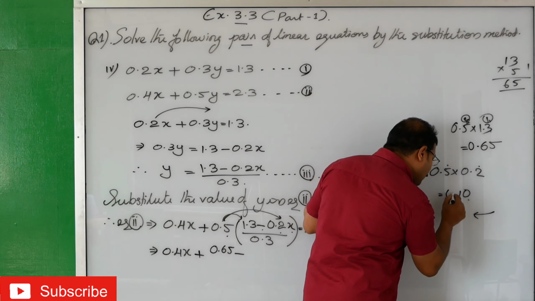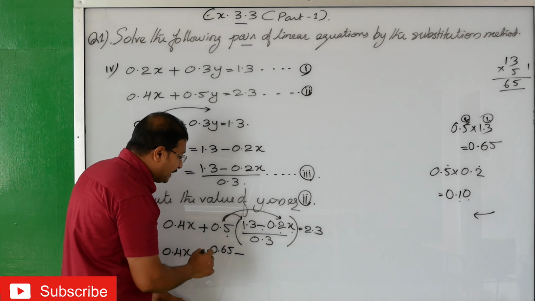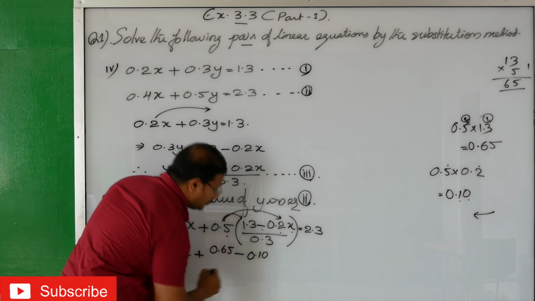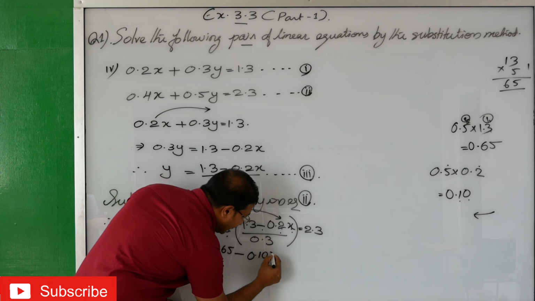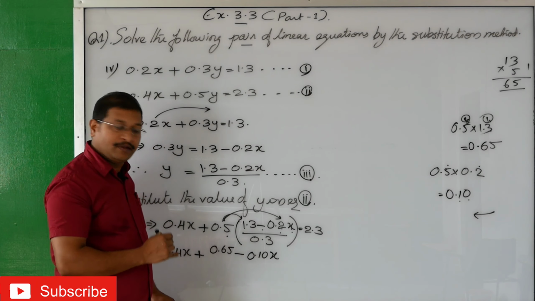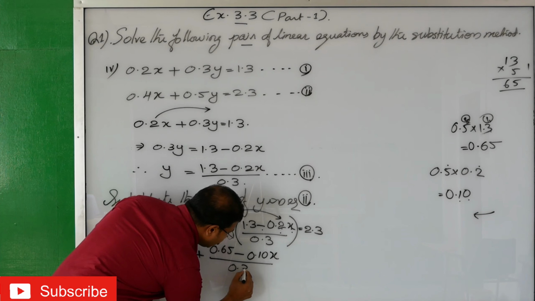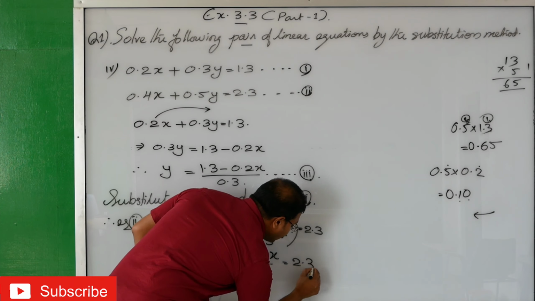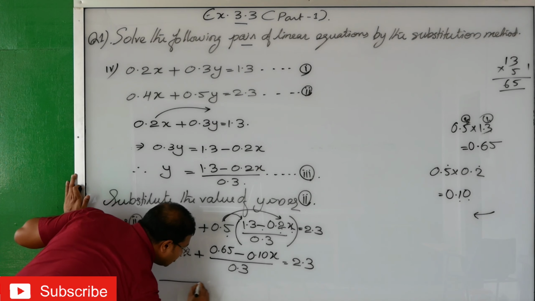Before that, one more 0. Ready? That means what will you write? 0.10. After that, 0.5 into 0.2x, so x more we have to keep. Divided by 0.3 equals 2.3. Okay, now we'll go for the LCM in this part.